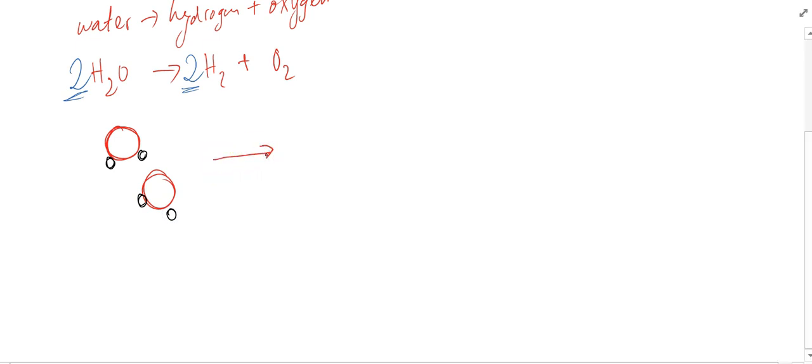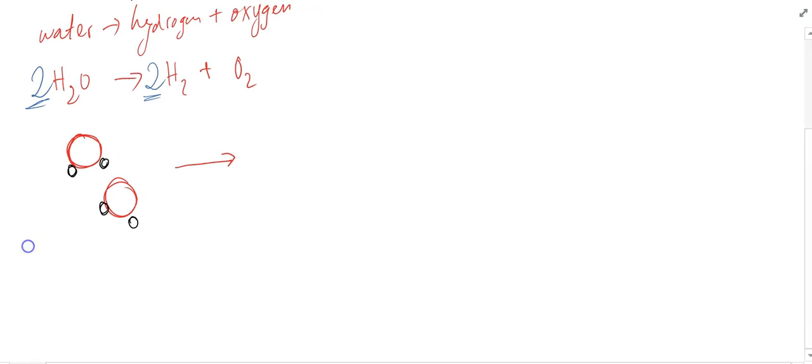Now these water molecules split. Under certain conditions, like a lot of electricity being applied, water will split. They break apart. We get two hydrogen molecules from that, so we draw two hydrogen molecules. You can see that I've drawn the little atoms here as hydrogen, and the big red atoms are oxygen.